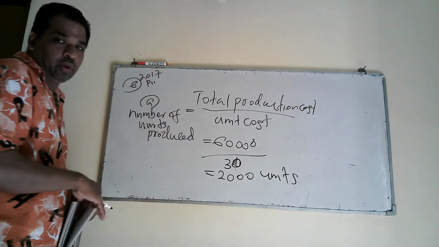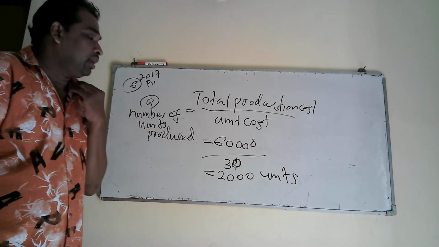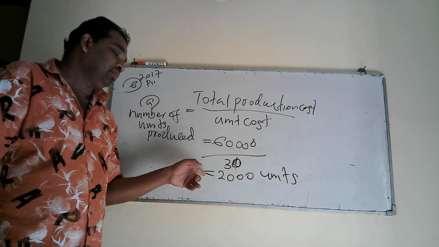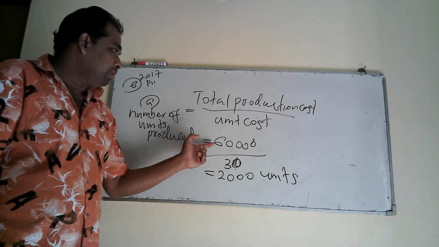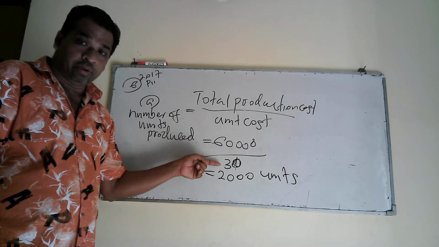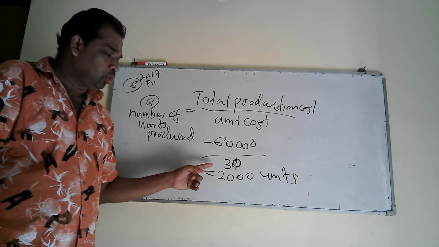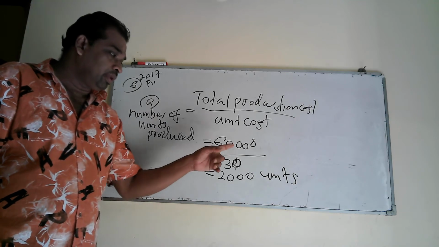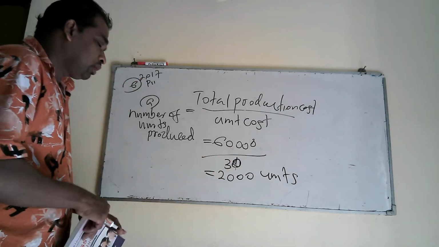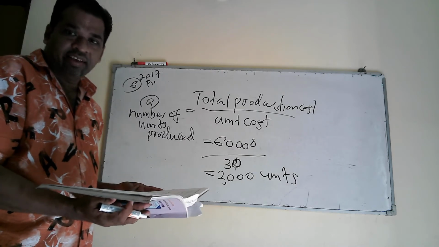Here you have to mention units, otherwise the examiner will misunderstand, because here it is not rupees 2,000. When you divide total production cost, a rupee value, by unit cost, also a rupee value, finally we have the number of units. Therefore, you can't mention rupees. It should be 2,000 units. That is the answer for part 1.